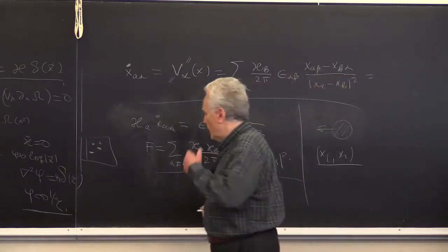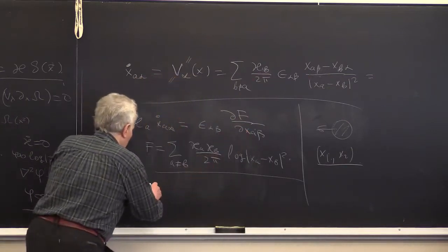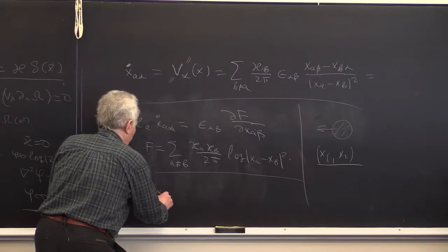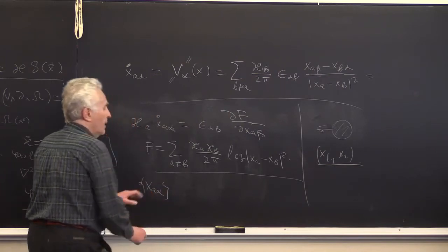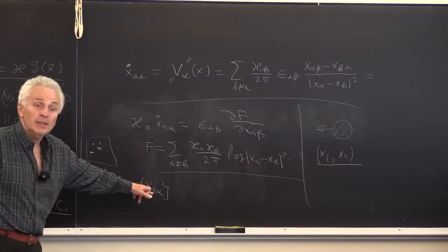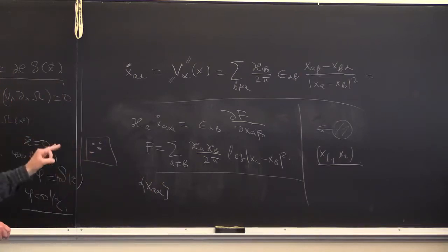So the phase space here consists of the coordinates x_i^α. Very much unlike the electric charges, there is no x and p here. The whole phase space coincides with the configuration space, and that's quite unusual.